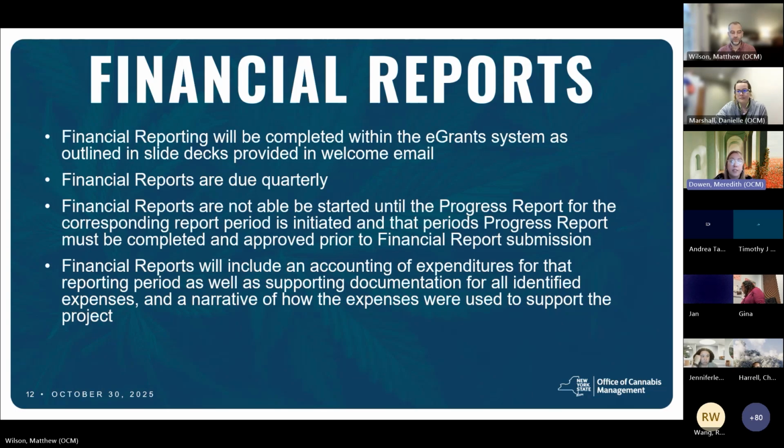And the financial report is an accounting of all expenditures that happened within that reporting period. And we will need supporting documentation for each expense that's incurred. And there's also an area for a brief narrative that we expect justification and just a narrative of how those expenses were used to support the program.